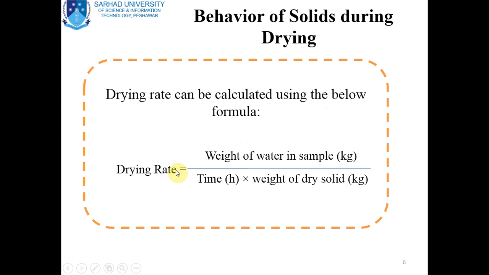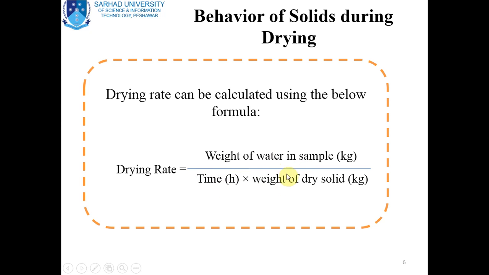That is drying rate, in which we have to take the weight of water in the sample in kg, that is the weight taken, and the time in hours, as well as the weight of dry solid in kg. We have to take the initial weight, comprising the water content as well as the solid material, and after the time is noted and the material is dried, the dried material weight is taken.